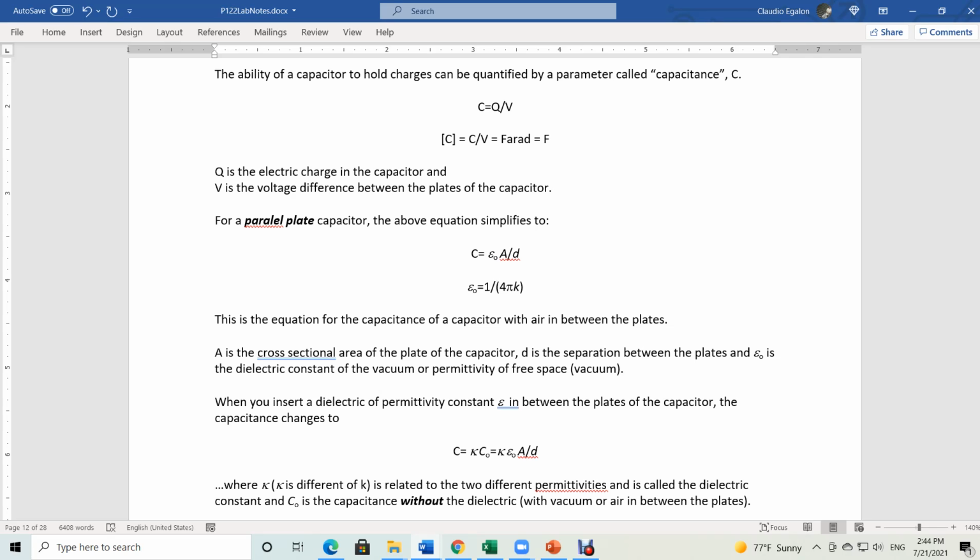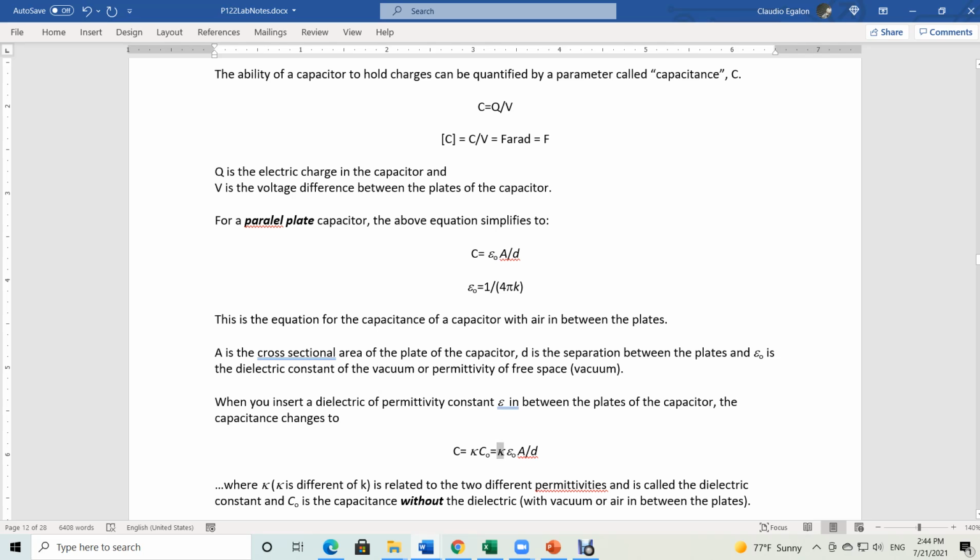However, if you put a different material there, it can be glass, paper, mica, the equation changes. The more generic equation has a kappa in front of the epsilon naught.